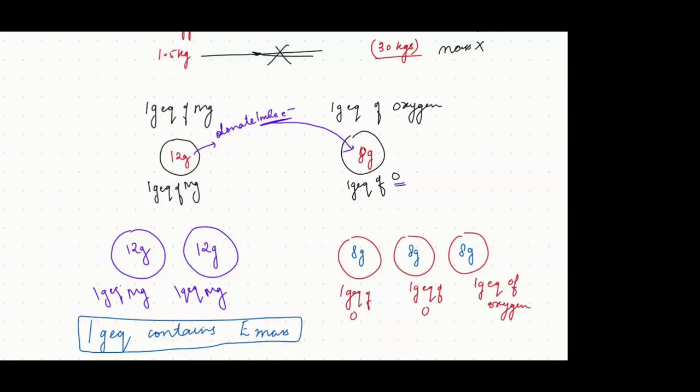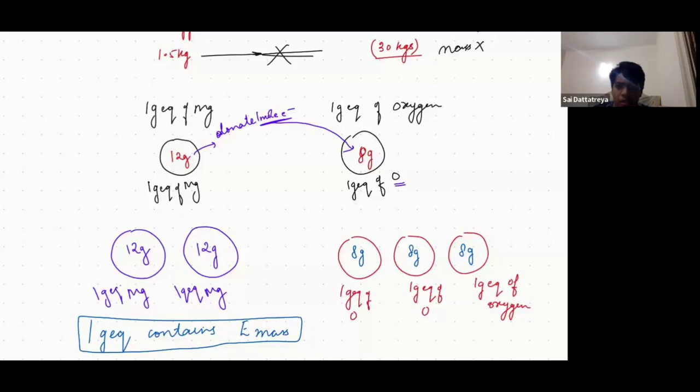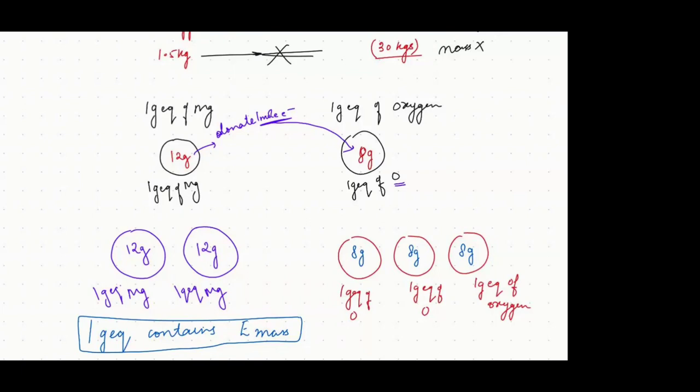So you can have any element and you can calculate its equivalent mass accordingly. You understand my point? Now, 1 gram equivalent for aluminum is 9 grams. So if you make 1 gram equivalent packet of aluminium, it would have 9 grams of aluminium present in it, right? Yes.